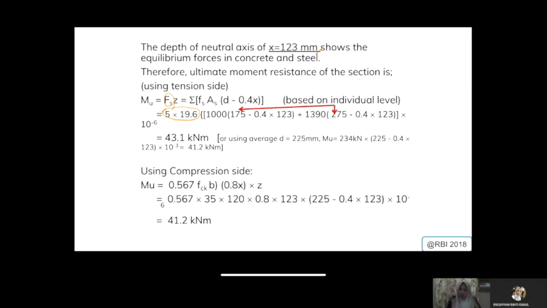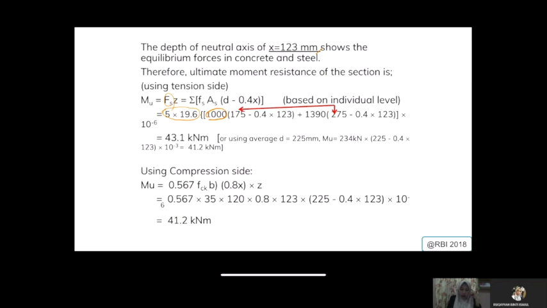Then we put it outside the bracket, and then we focus on calculating the Fs, which is the force, for the first layer.